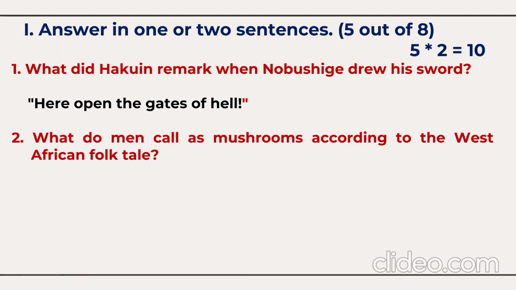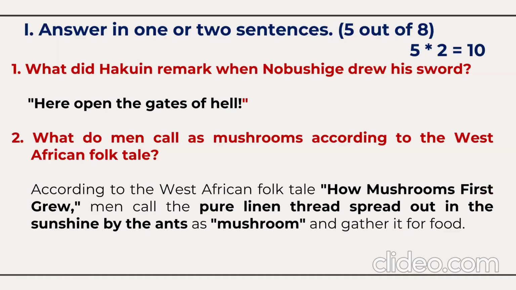Second question, what do men call as mushrooms according to the West African folk tale? According to the West African folk tale, How Mushrooms First Grew, men called them a pure linen thread spread out in the sunshine by the ants as mushroom and gathered it for food.